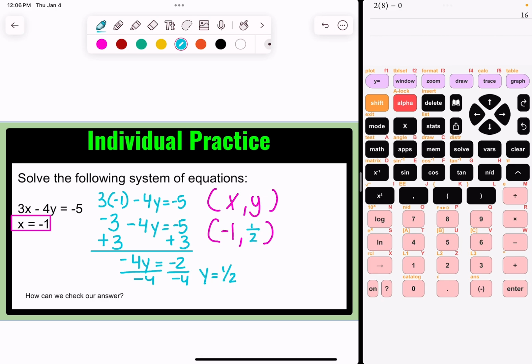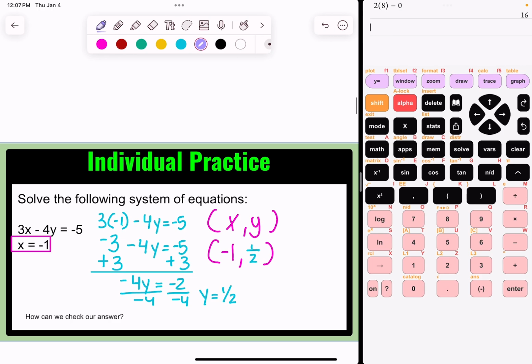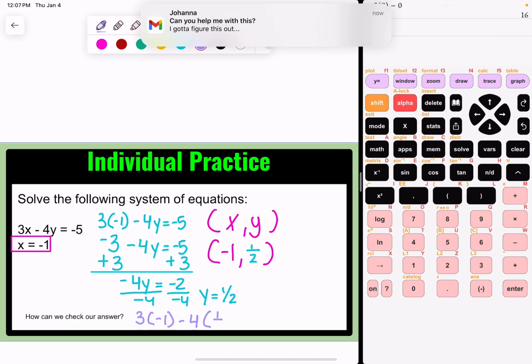And again, how do we check our solution? We're going to use the longer equation. Usually you could use either, but because one of them here only talks about the x, we want to talk about both variables, so we use the first one. And that is saying 3x, we know x is negative 1, minus 4y, y is 1/2, and we've got to see, does it equal negative 5?